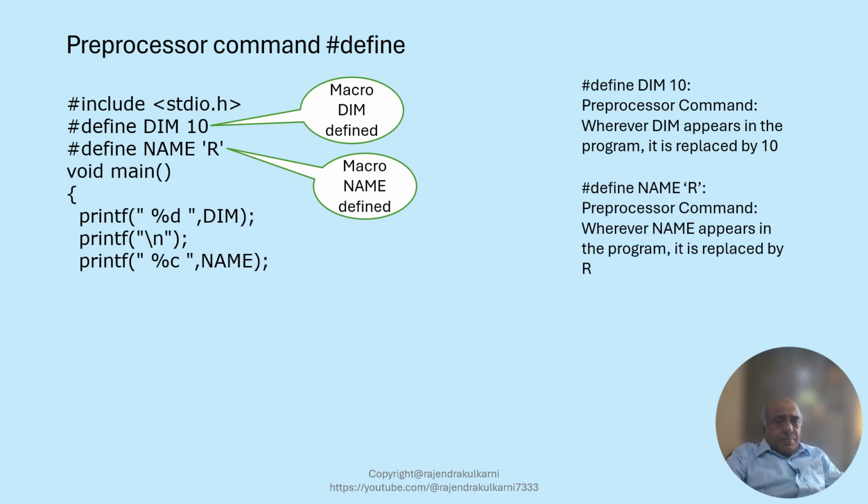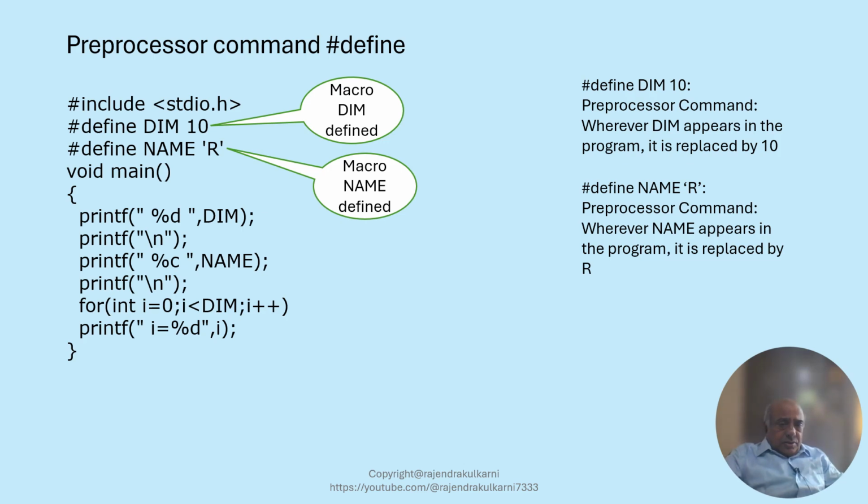Let us see a program using these two macros. A simple printf statement, printf %d dim. The value assigned to dim by the macro should be displayed by this printf statement. Similarly, the character assigned to the macro called name will be displayed by this printf statement.